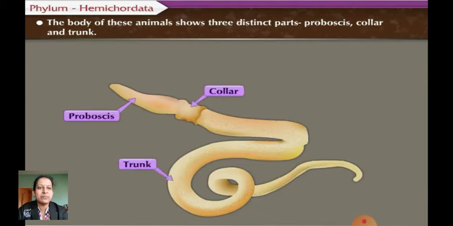Now what are the characteristics of this? The body of these animals shows three distinct parts. One is the proboscis, a long beak-like structure. Then there is a collar and the trunk. So its body is divided, again I am telling you, into three parts: proboscis, collar and trunk.